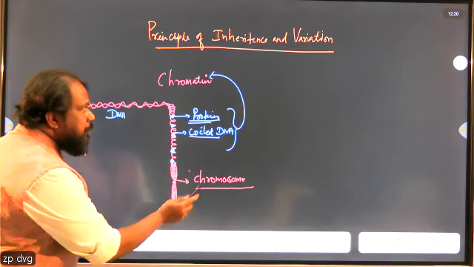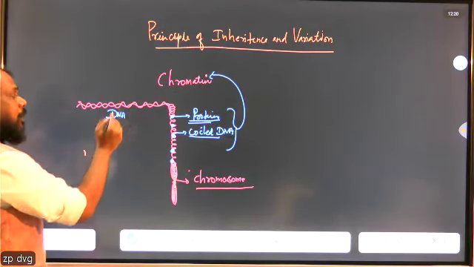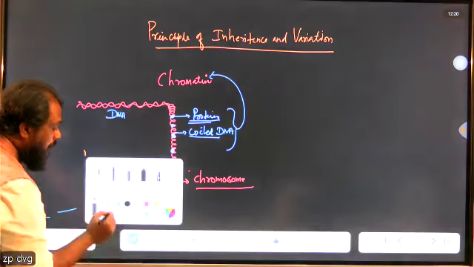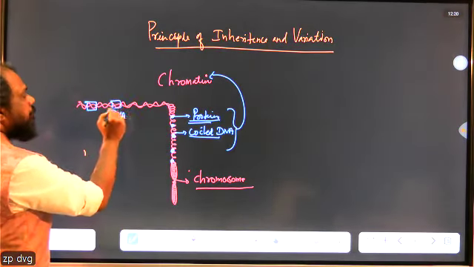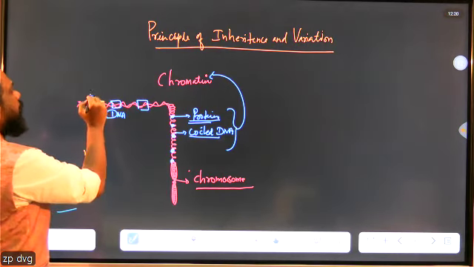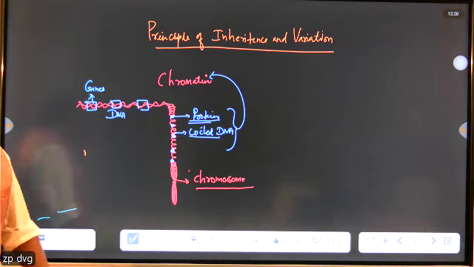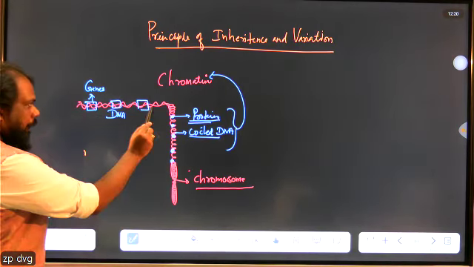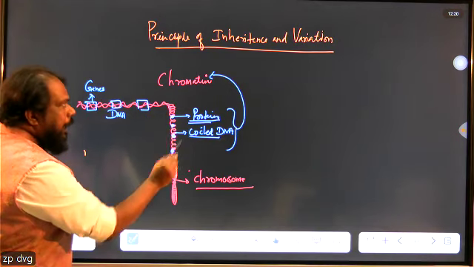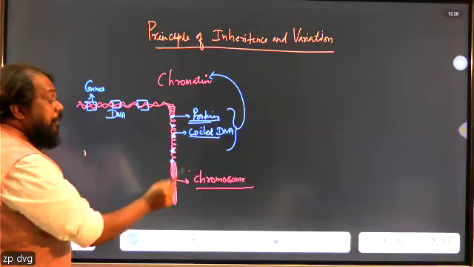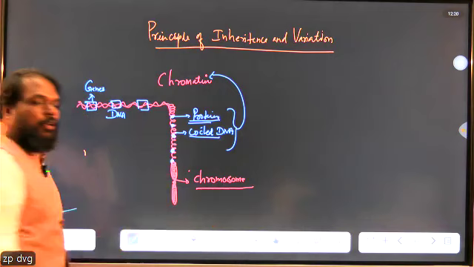The chromosome consists of chromatin. And what does the chromatin consist of? Chromatin consists of DNA. Now, what does this DNA consist of? The DNA consists of genes. Understood? Clear? So, DNA consists of genes. When I coil the DNA, it becomes chromatin. When I further coil the DNA, when I condense the DNA, it becomes chromosome.